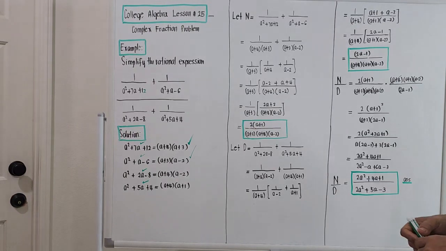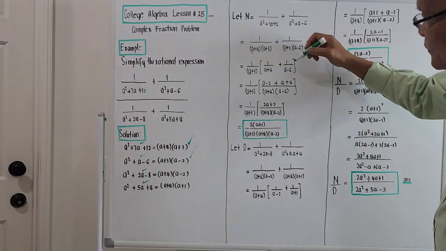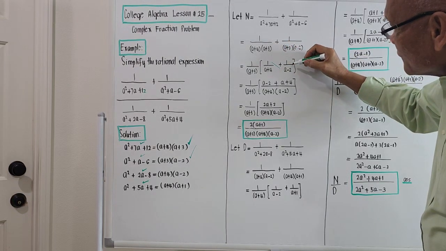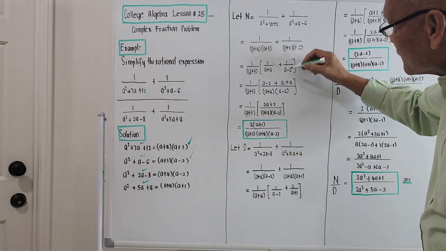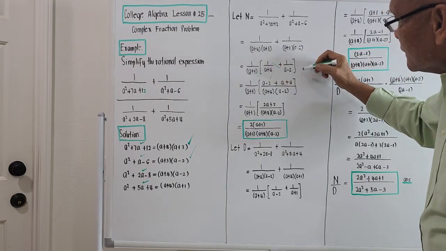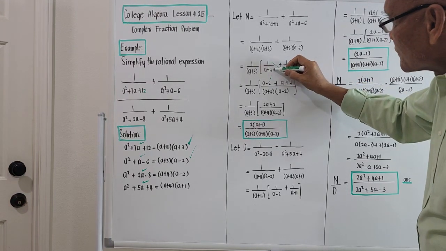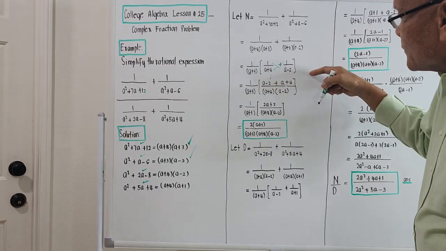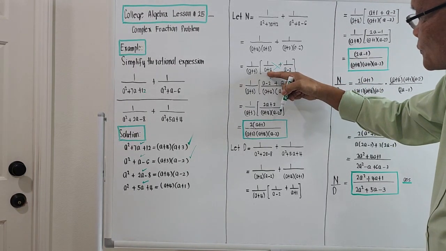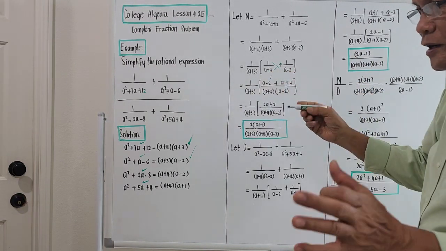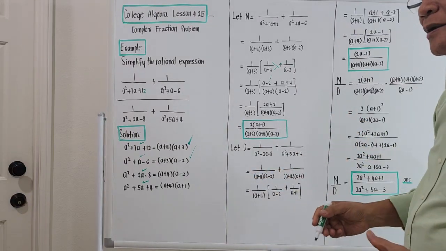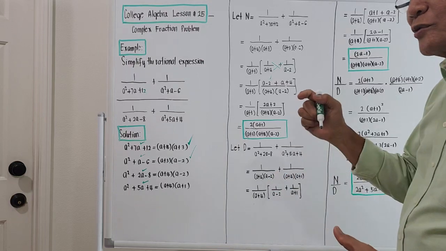We do it like this. The product of 1 times a minus 2 will be a minus 2, and the product of 1 times a plus 4 will be a plus 4. The resulting denominator will be the product of a plus 4 times the quantity a minus 2. This has been coming out in the short videos and we are saturated with this one, so we should know this one.